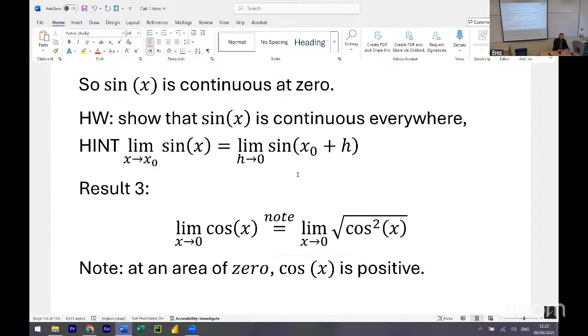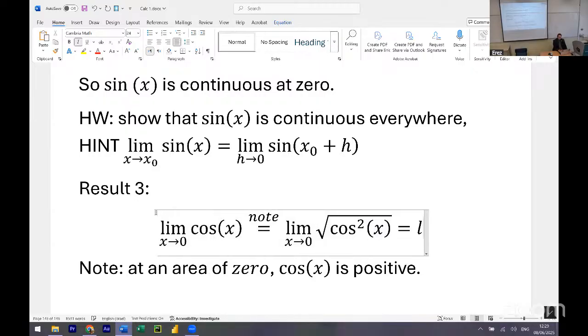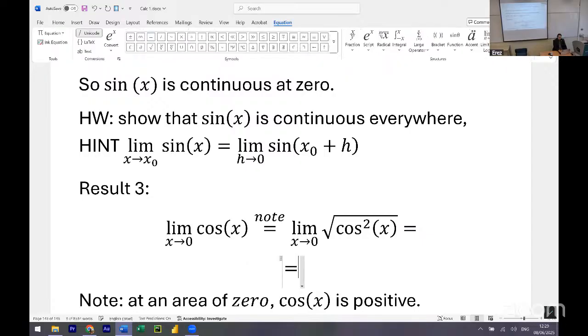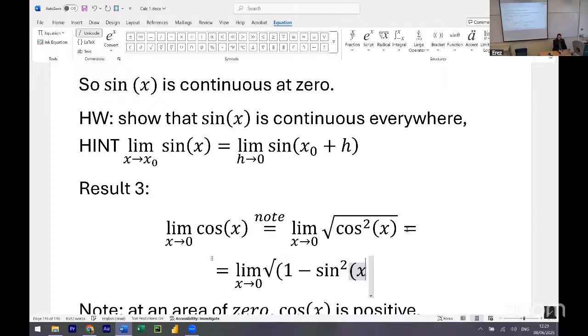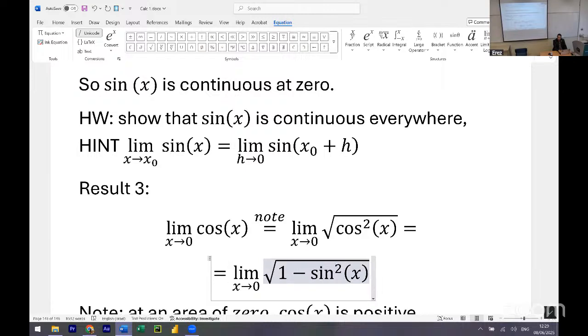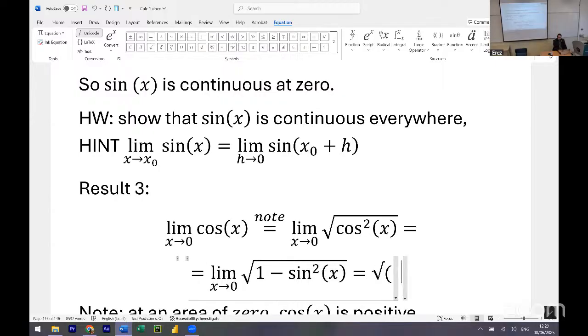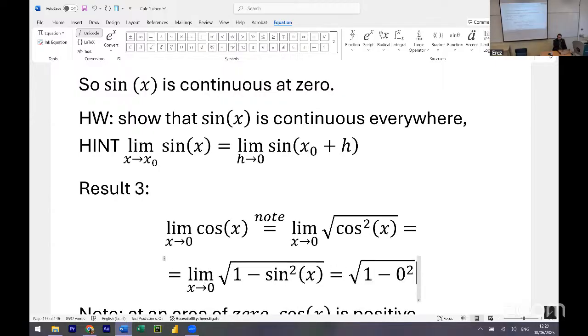So we need it to be positive to say it's the square root of cosine squared. If cosine was negative, then it was minus the square root, and we'd get a different result. In any case, this equals the limit as x goes to 0 of the square root of 1 minus sine squared of x. And now we use limit arithmetic because we already proved that the sine goes to 0. So it is the square root of 1 minus 0 squared, which is 1.